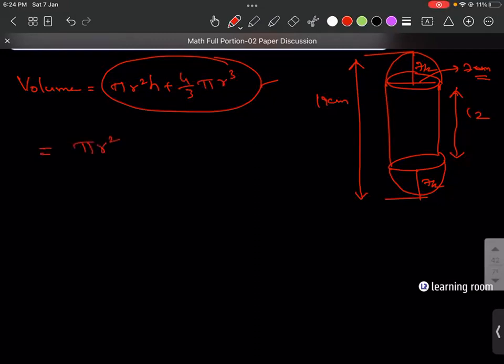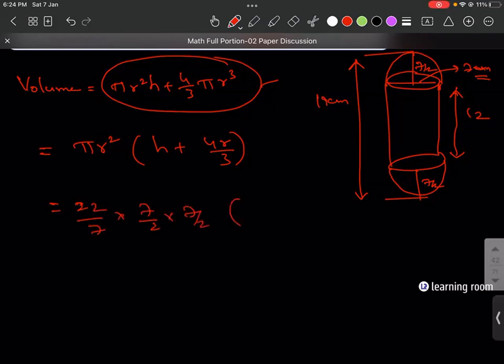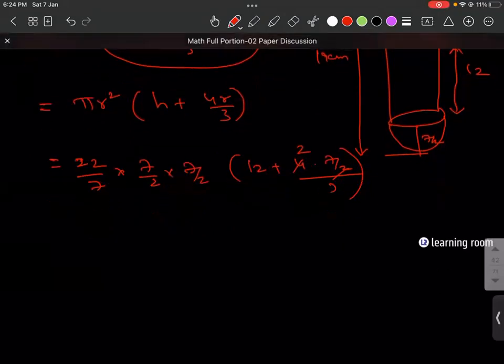So that is pi r square into h plus 4r by 3. Correct? So pi is 22 by 7 into 7 by 2 into 7 by 2 into h is 12 plus 4 into r is 7 by 2 divided by 3. This cancels this 2 times. So it is going to be 14 divided by 3. 1 7 and 1 7 are gone. 11.